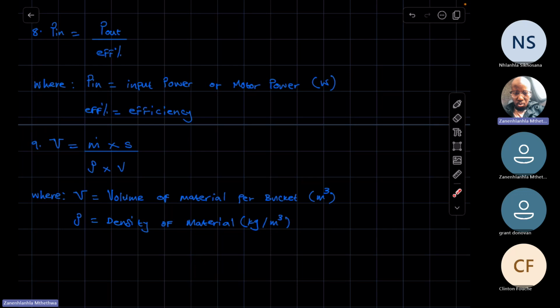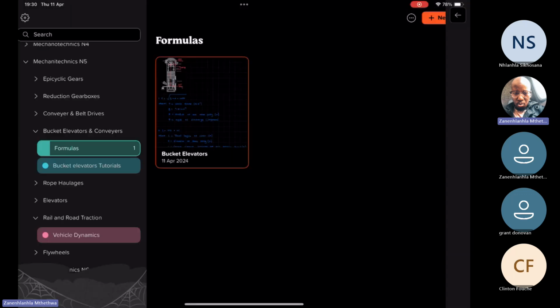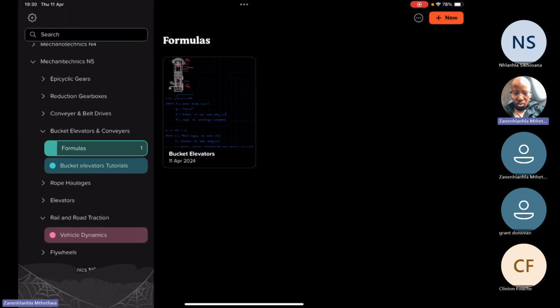The only module that might be tricky for you guys is module 5. Module 5 is ropologies. That's the only module that can be tricky for you. Otherwise, in test 1 and test 2, you did very well.